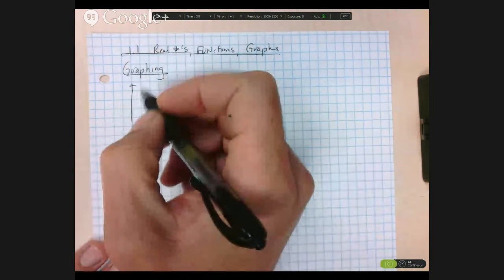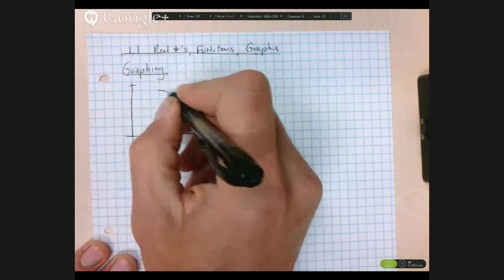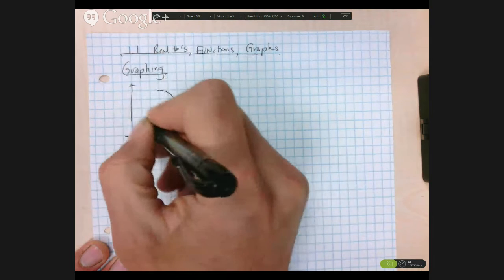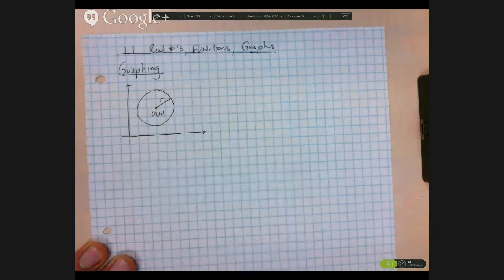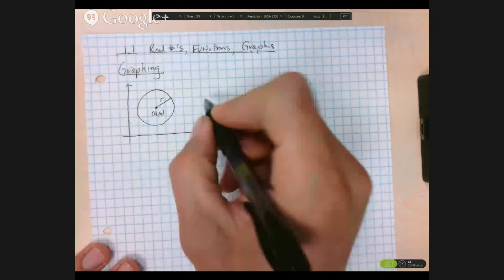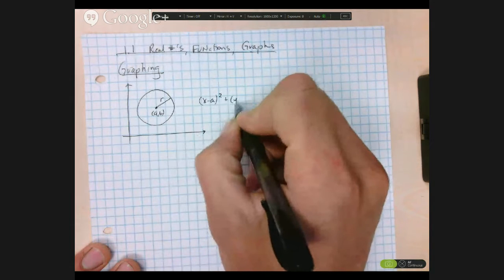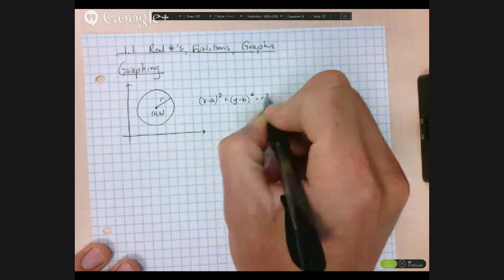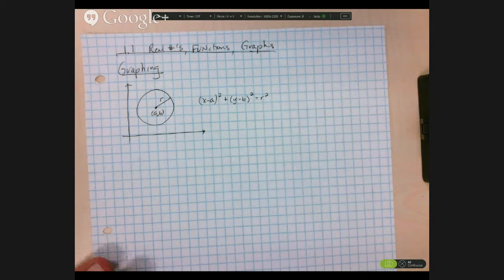If I have a circle centered at (a, b) with some radius r, the equation of that circle is (x - a)^2 + (y - b)^2 = r^2. That comes directly as a result of the distance formula.